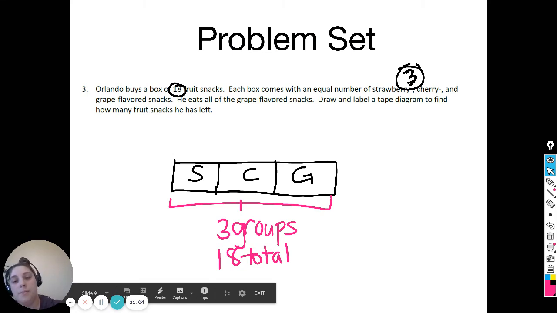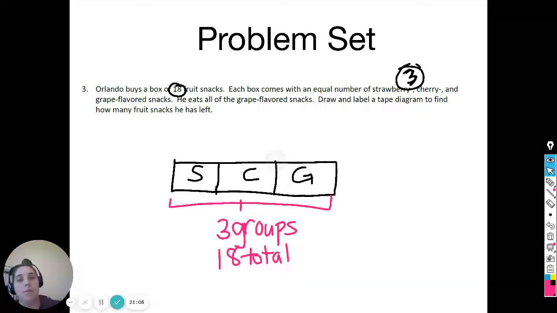Okay, so we're trying to figure out the size of this grape one over here. How many grape fruit snacks are there?